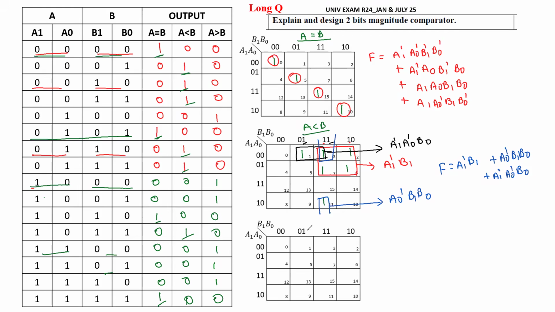Okay. So similarly again here for A greater than B. So A greater than B when we have 1, 0, 1, 0, 0. So 0, 1, 0, 0 that is the 4. Again here 1, 0, 0, 0 means that is equal to how much? 8. So that combination you need to write.